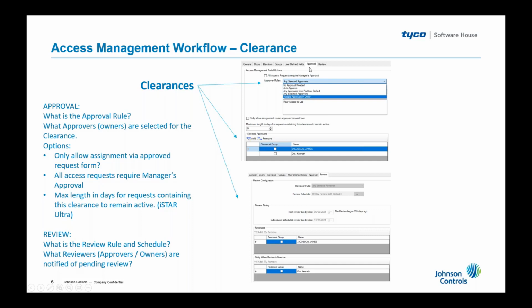And the approval tab is where we set the rules for the approval process. And you'll notice on the screen there's an area there where you have no approval needed, which means it's a standard clearance. It's not part of the access request process. You have an auto approve, maybe a clearance that's not a security critical type clearance.